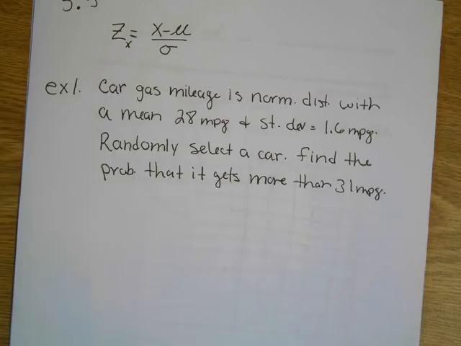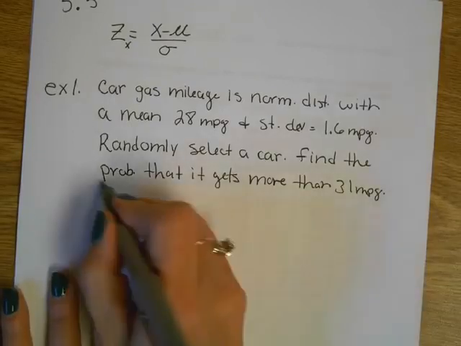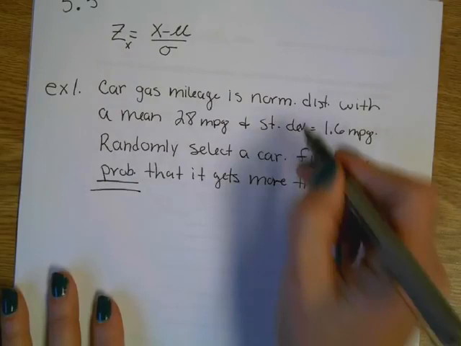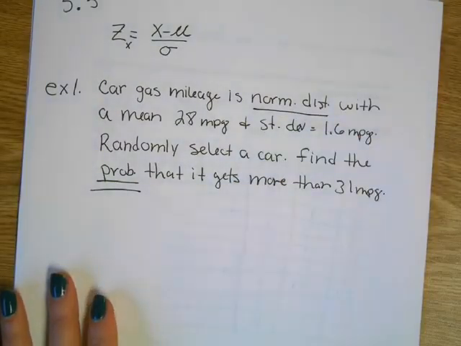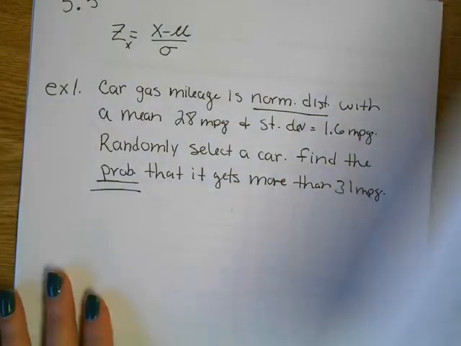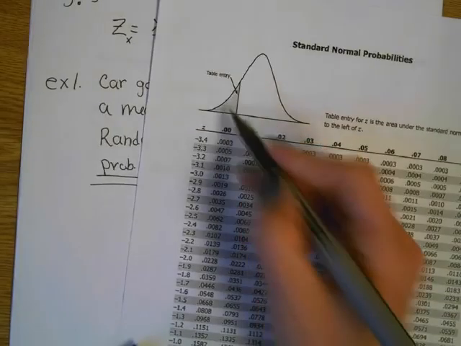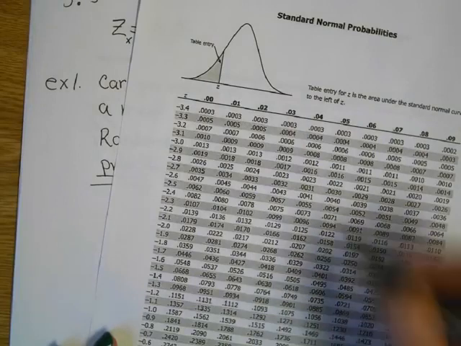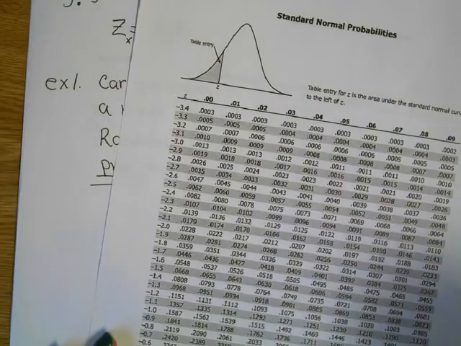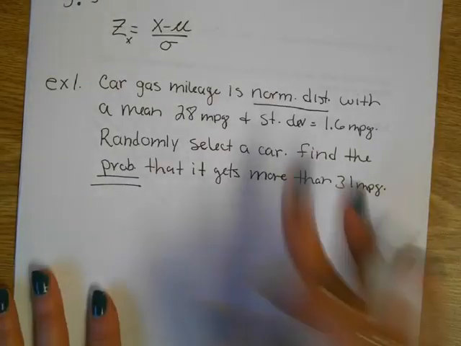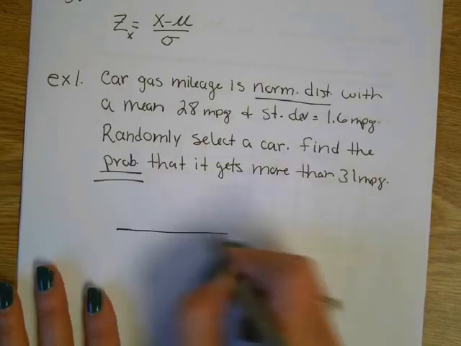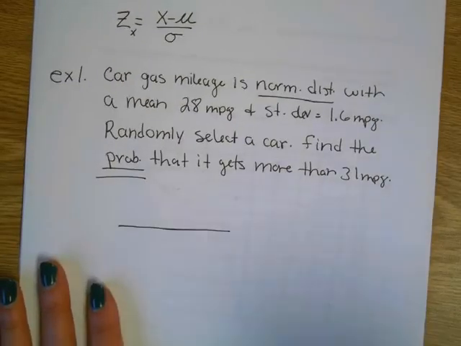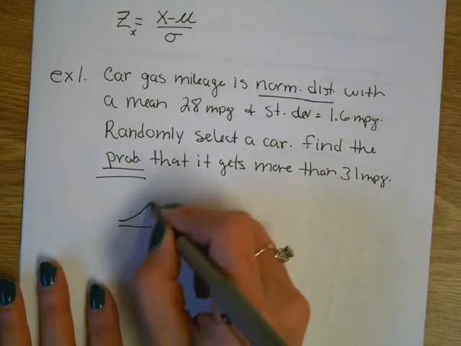All right. So this question is asking to find the probability, and we're dealing with the normal distribution. Well, remember, the area under the curve is the probability. So when it asks for probability, it's looking for an area under the curve. If we sketch this to see what area we're actually trying to find, it becomes very easy.